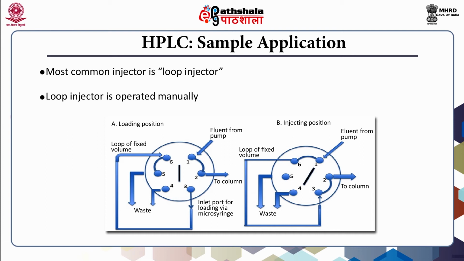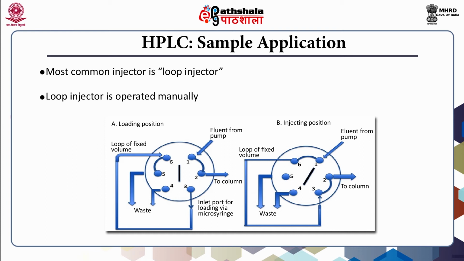That means the mobile phase is passing from the pump to the column directly. There is a connection between port 3 and port 6, and a connection between port 6 and port 5, and no connection with port 4.